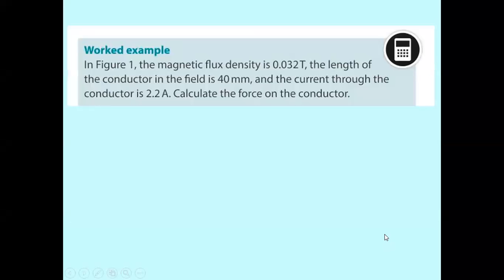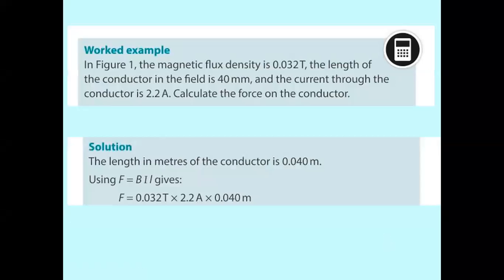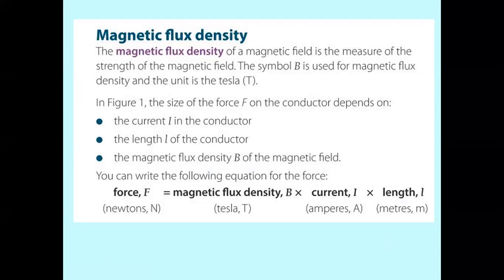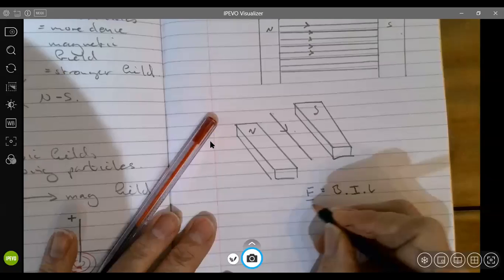Now, this can be written out, and the one you want is this here.